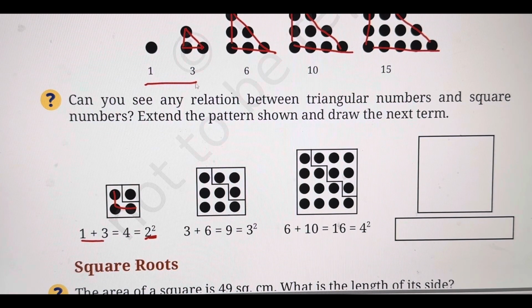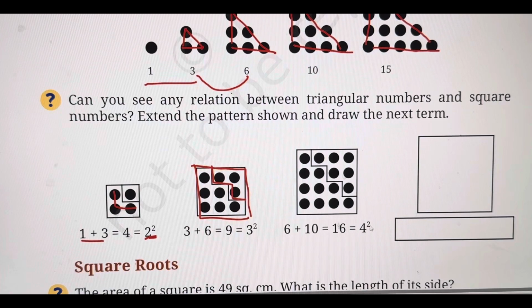Similarly, you take the next triangular number, 3, and add 6. We have arranged 6 first and then 3 is arranged over here. So you get a square number. 3 plus 6 is 9, which is 3 square. Similarly, the next two, 6 plus 10 is 16, which is 4 square.